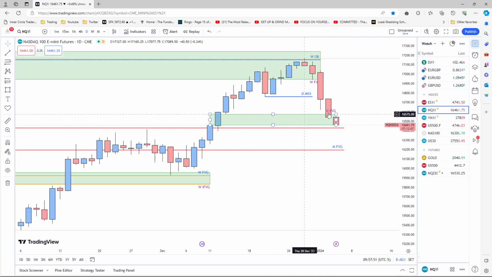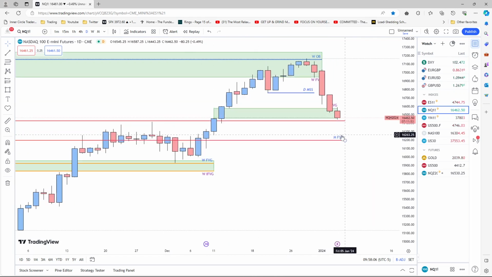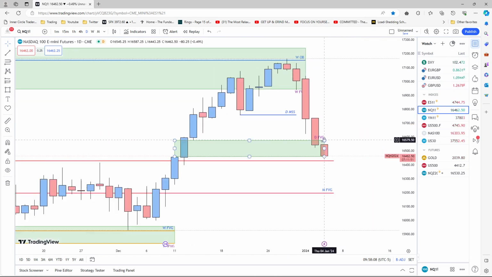We already shifted market structure on this. I want to see a close below this fair value gap. Do we get an inversion level where price tests this and then trades down lower and aims for these lows down here? So this is the line in the sand, this daily fair value gap.